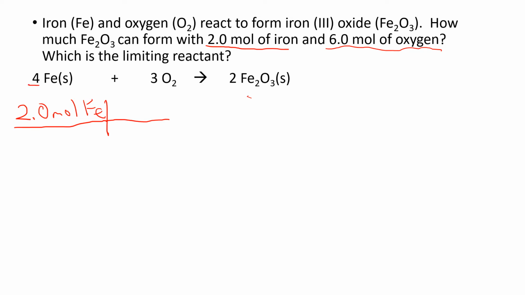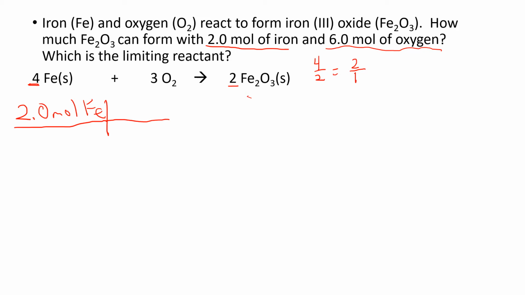Notice here we've got 4 iron atoms react with 3 oxygen atoms to form 2 formula units of iron 3 oxide. So our ratio between iron and iron 3 oxide is 4 to 2. Now we could actually reduce that further by just reducing everything by 2.